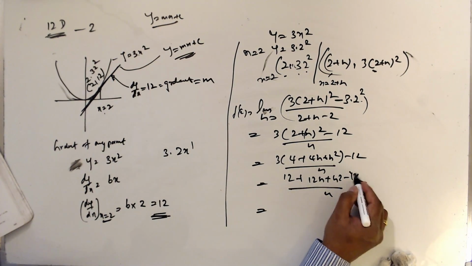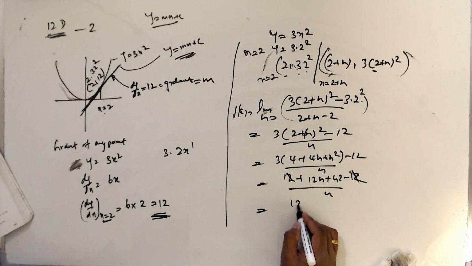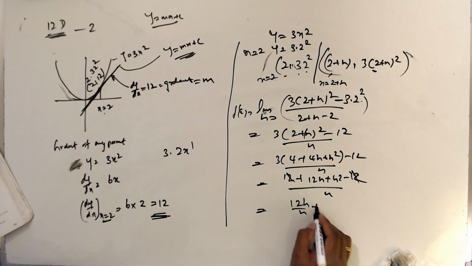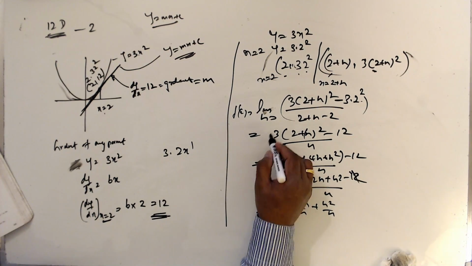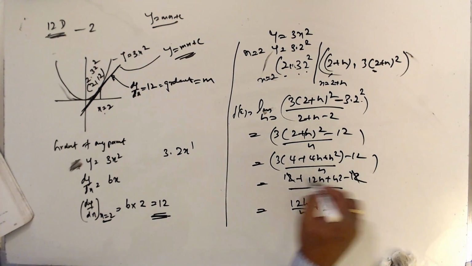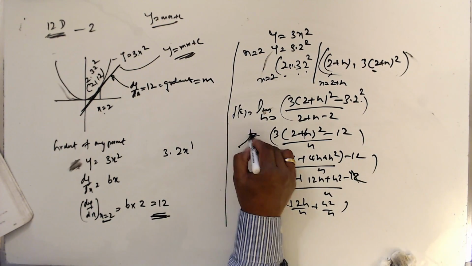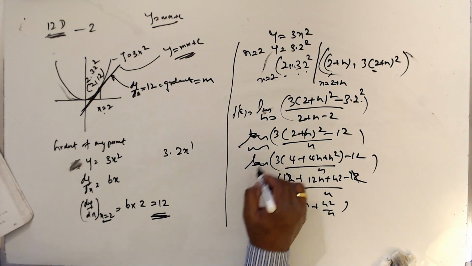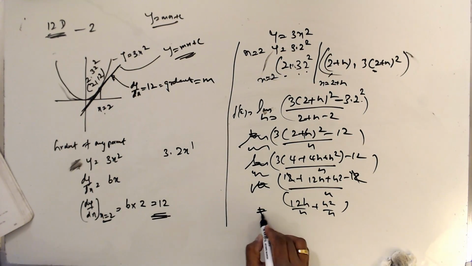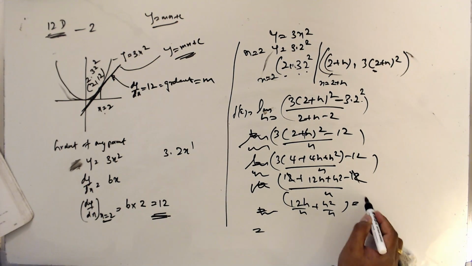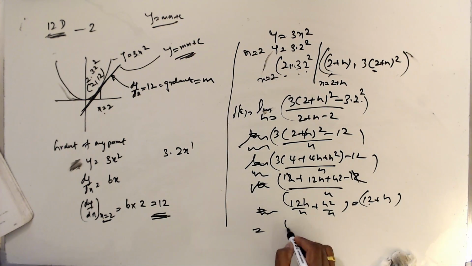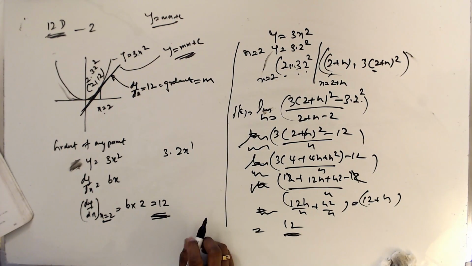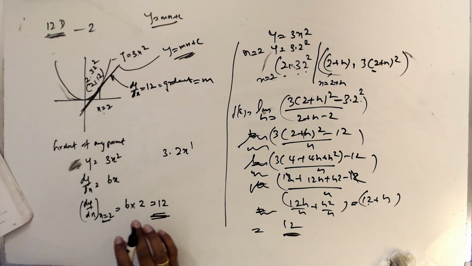The 12 and 12 cancel out, giving 12h over h plus 3h squared over h. I forgot to write the limit: limit as h goes to 0. So when h goes to 0, the answer is 12. Now this is from the first principle.